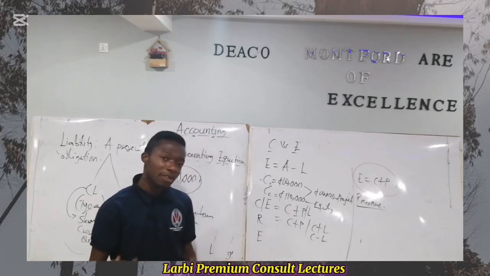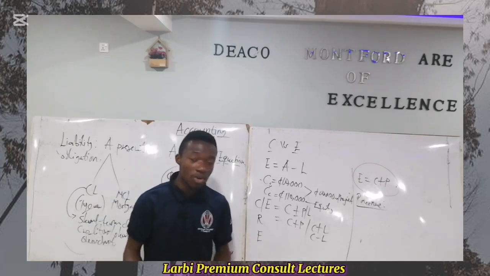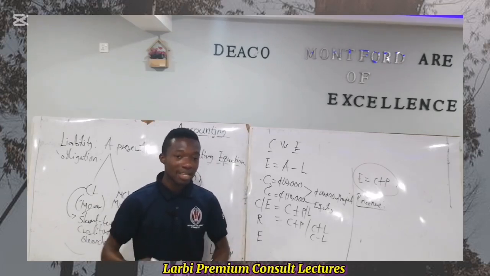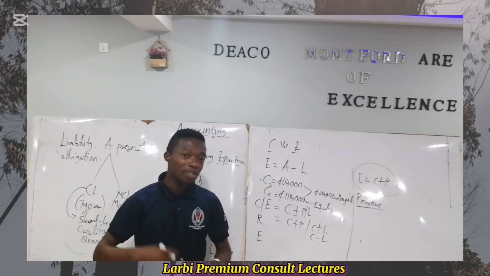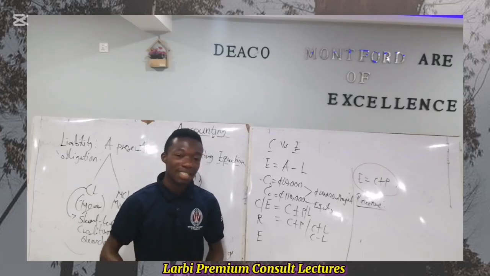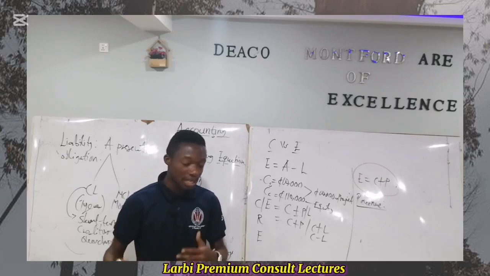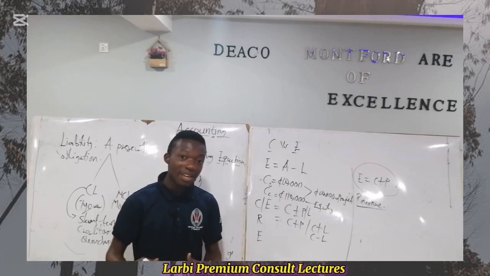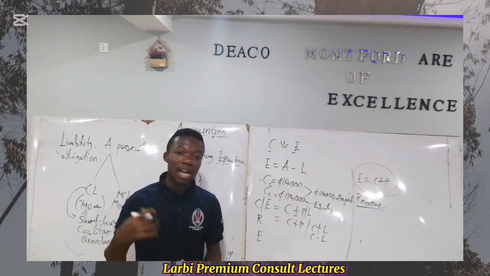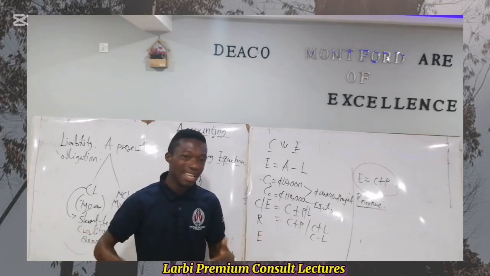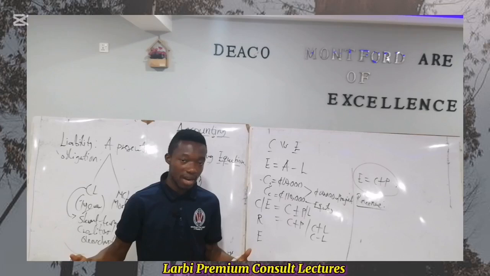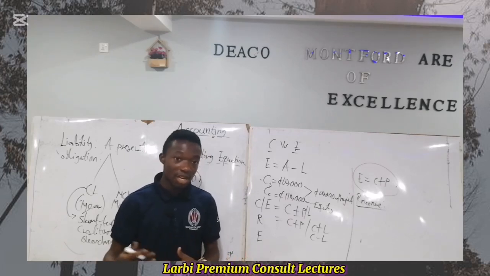But in a professional definition form, we say that revenue is the net increase of future economic benefits as a result of a decrease in an asset. The net increase of future economic benefit.